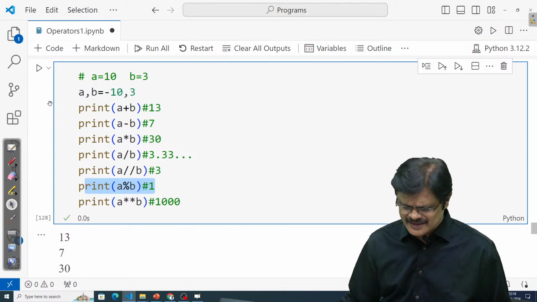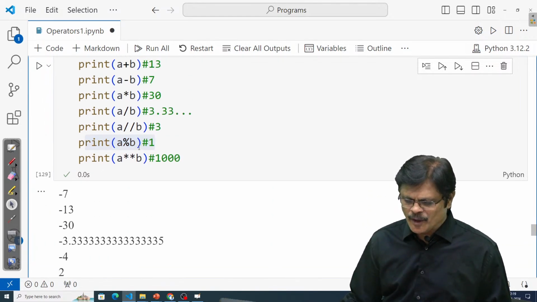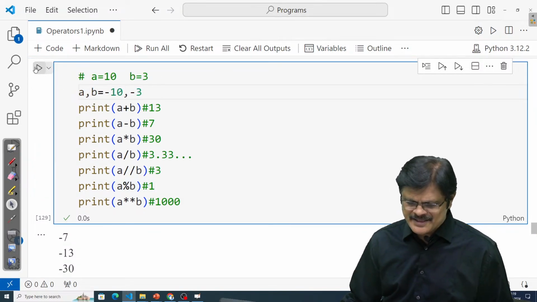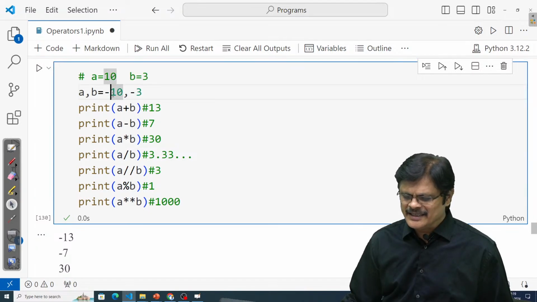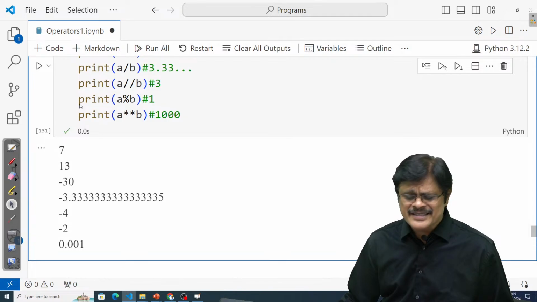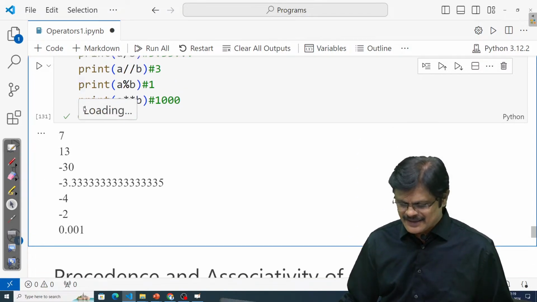You can check the modulus operator with minus 10 and 3, and 10 and minus 3, and see what happens. Hopefully you understand. Is the idea clear?